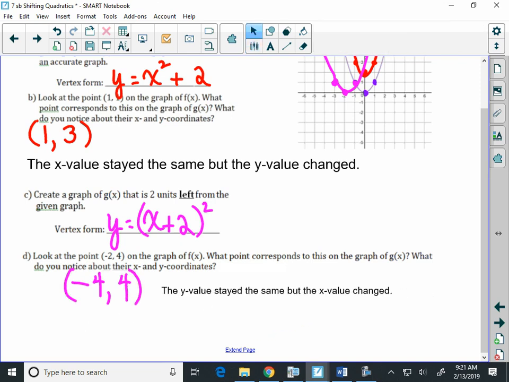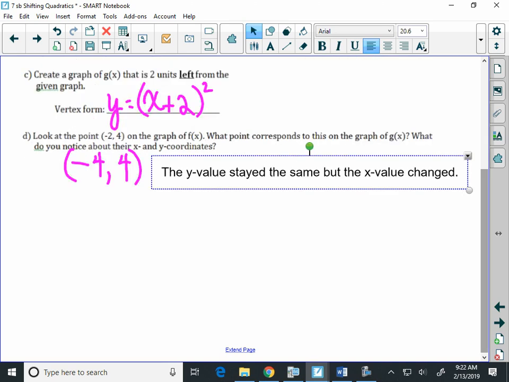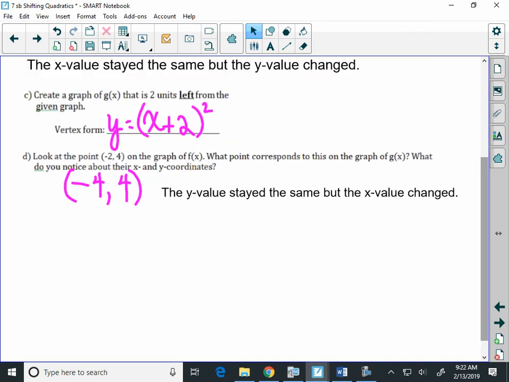And what I hope that you're noticing is that it was -2 for the x value, and then it became -4. So the x values are changing. The y value of the original point is 4, and the new y value is still 4.